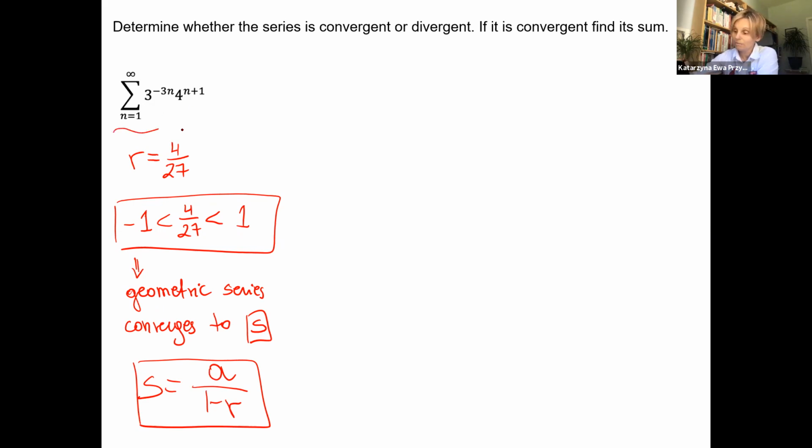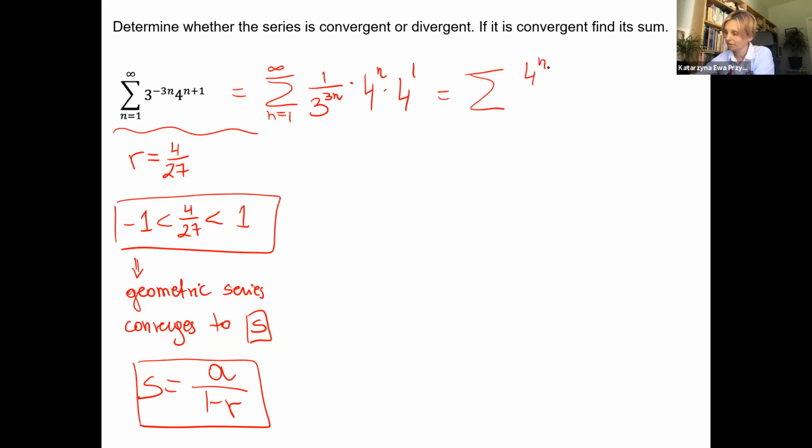Okay, we might rearrange a little bit. We don't have to rearrange completely. But what I will do, I will rewrite this like that. 4 to the n, 4 to the 1. And then we have 4 to the n, 27 to the n, and times 4.